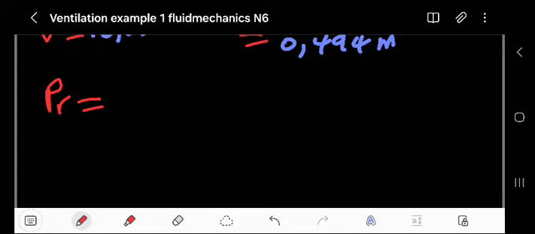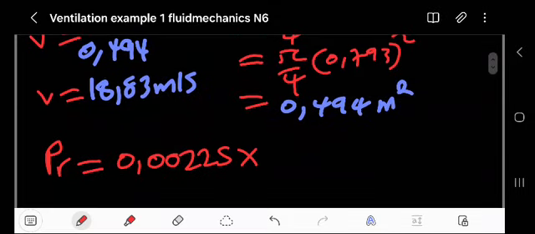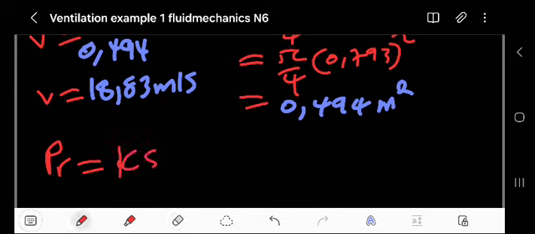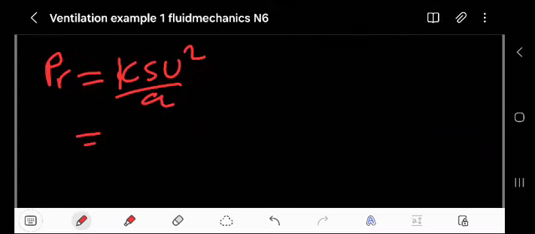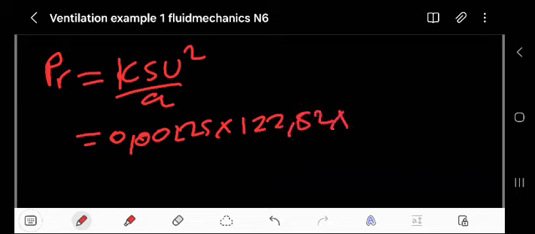Now we know that K, which they've given us, was 0.00225. Let me just write the formula first quickly. So we know this is K S V squared divided by area, right? K is simply the friction, which was 0.00225, multiplied by the surface area we've calculated, which is 122.82, multiplied by the velocity, which is 18.83 squared.